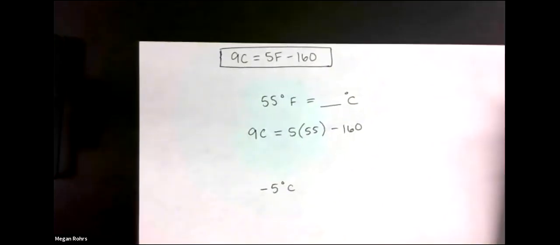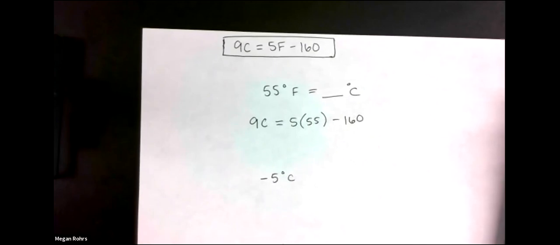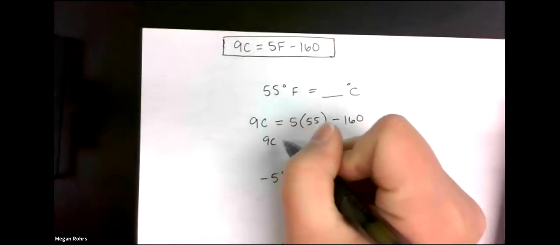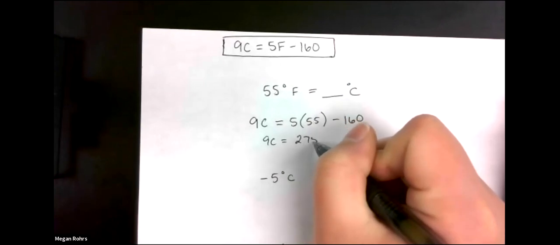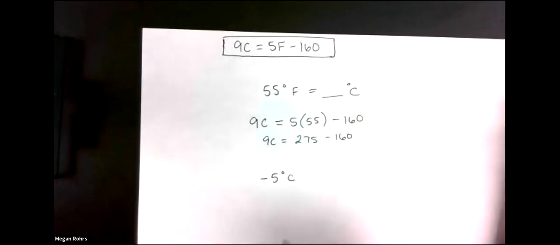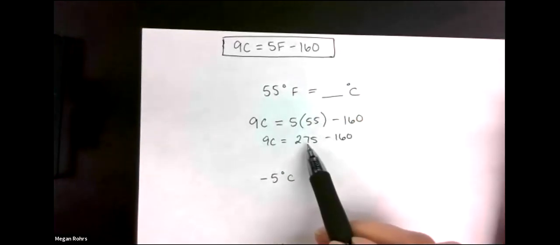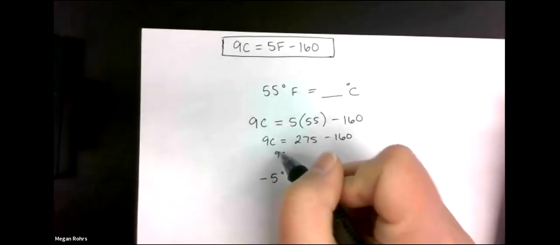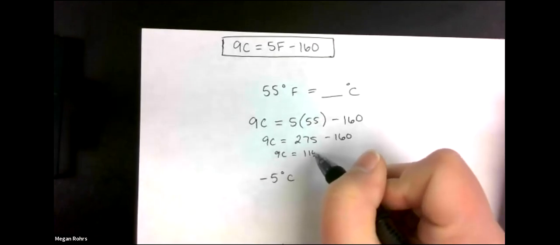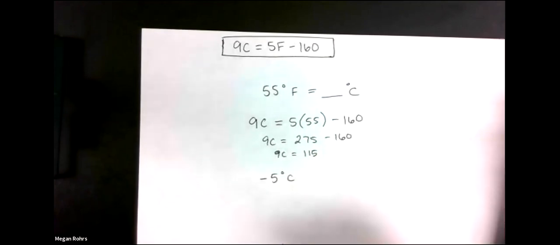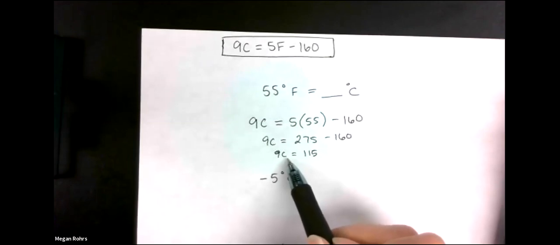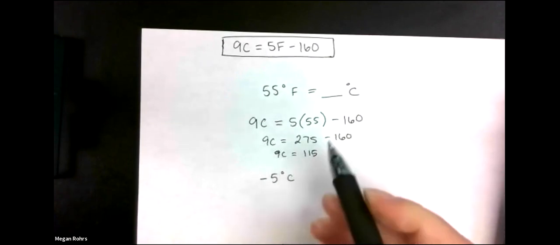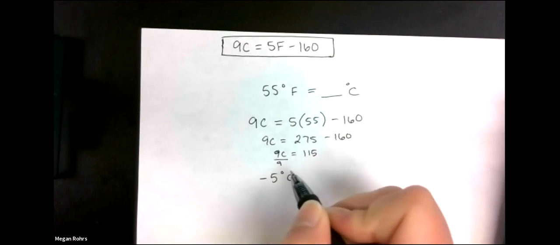So in this one, we want to solve for that. So 5 times 55 gives me 275. Now we can solve this. So 275 minus 160 gives me 115. Now to get this C by itself, right now I have 9C, or 9 times C. I want to do the opposite of multiplication, so I'm going to divide by 9 over here.